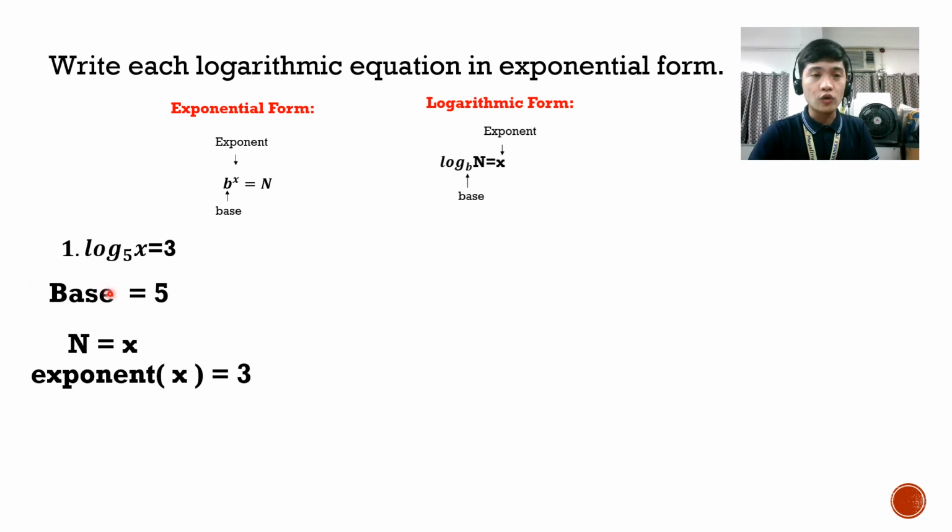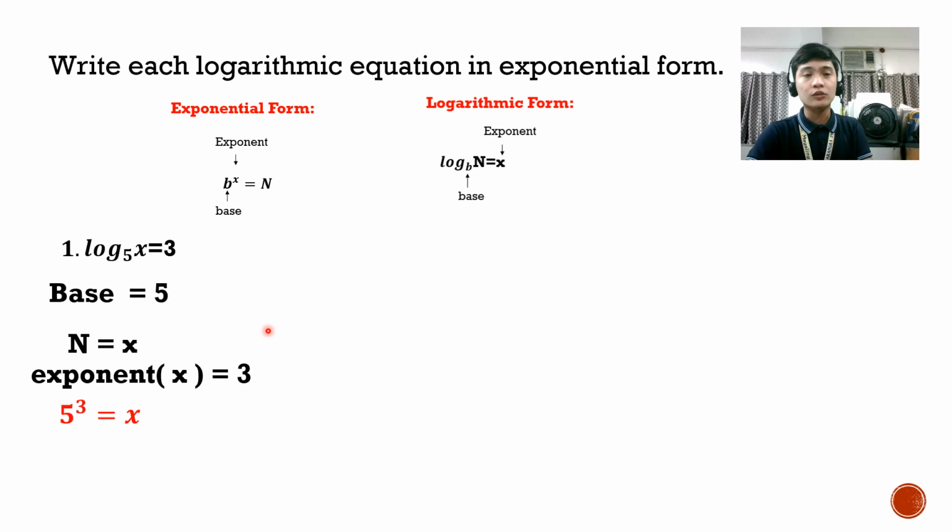Kapag ang mga ito, yung base, yung n natin at yung exponent ay ating i-relate sa ating exponential form, ang magiging exponential form ng number 1 ay 5 raised to 3 is equal to x. Yung 5 ay ang ating base, yung 3 ay ang ating exponent, at yung ating n ay equal sa x. So, yun po yung number 1. Okay?